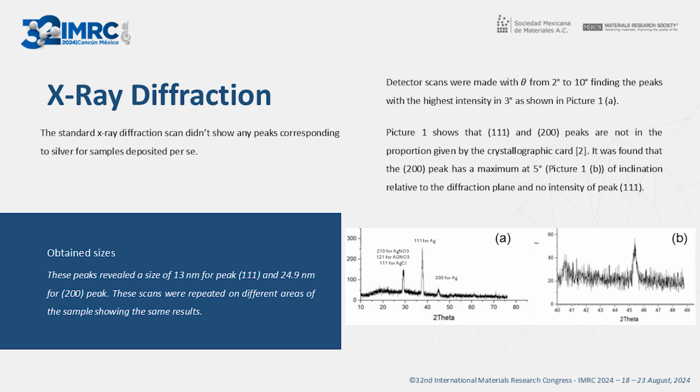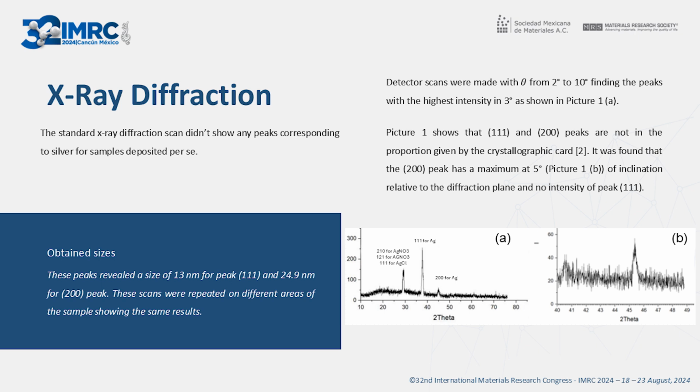The sample was fixed at an angle θ0 from 2 to 10 degrees while the detector scanned. The highest intensity peaks were found with θ0 equal to 3 degrees, as shown in picture 1. Peaks 111 and 200 are not in the proportion given by the crystallographic card, and with an inclination of 5 degrees relative to the diffraction plane, peak 200 has maximum intensity and peak 111 has no intensity.